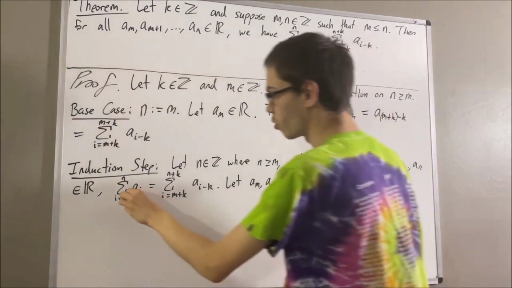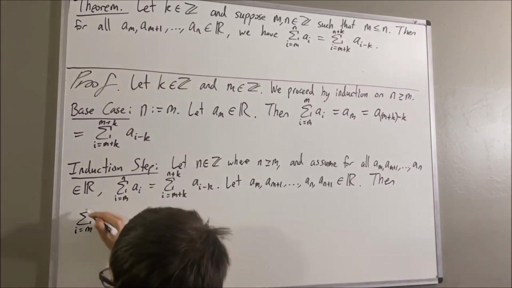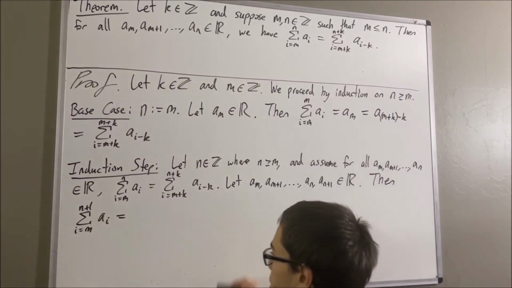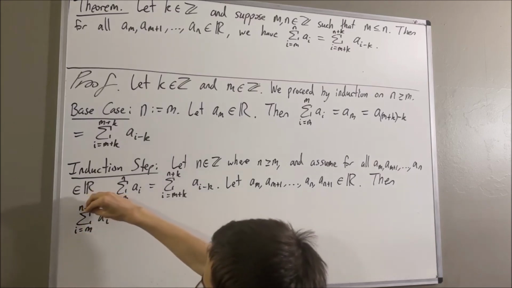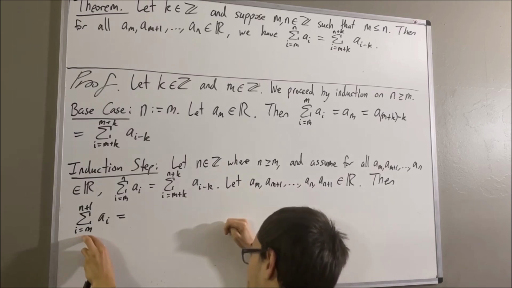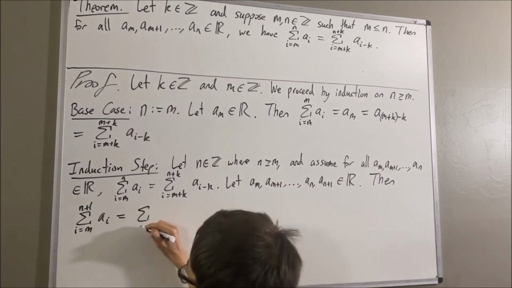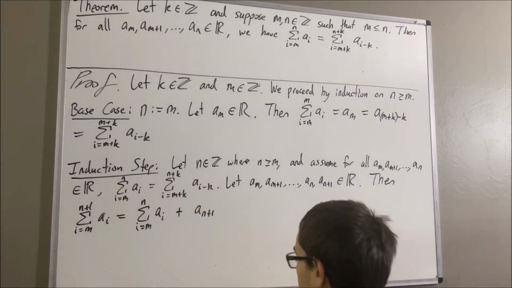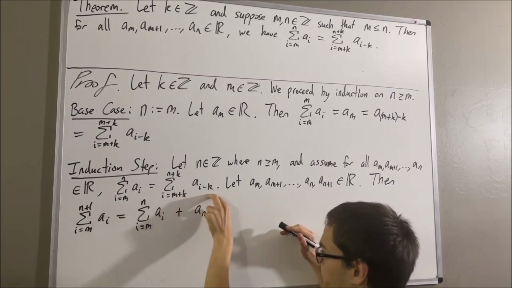So to start, let's write this sum where we have n plus 1 here. Now, since n plus 1 is strictly greater than m, we can pull away the n plus 1th term from this sum and rewrite it as the sum from i equals m to n of a_i plus a_(n plus 1). But now, we would like to rewrite this sum as this.